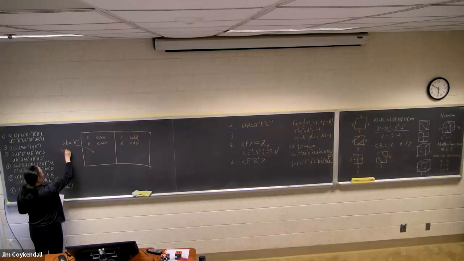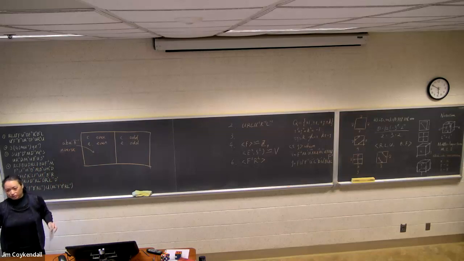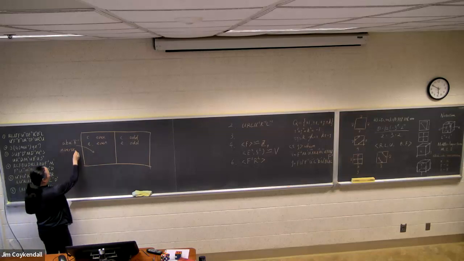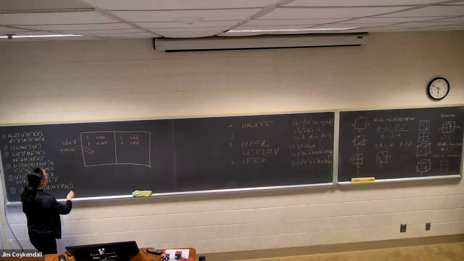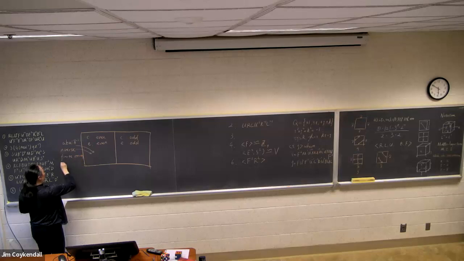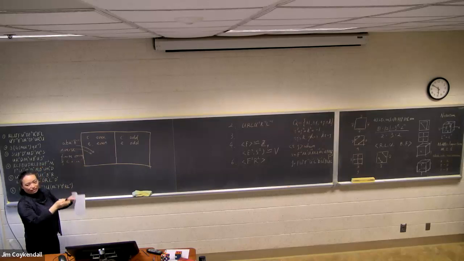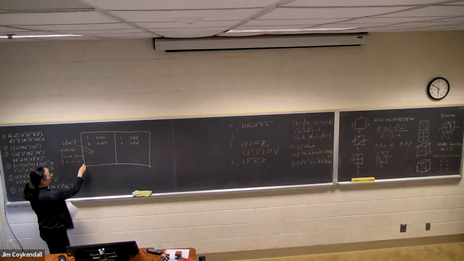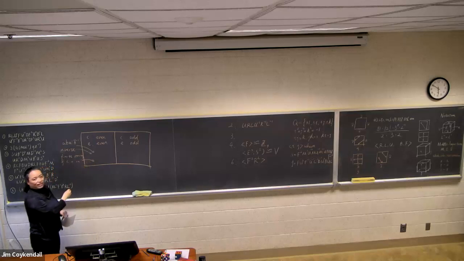Then the inverse of a commutator is still a commutator, right? So that lives here too. And now a finite string of commutators and their inverses, it's always even, right? It also lives here, right?